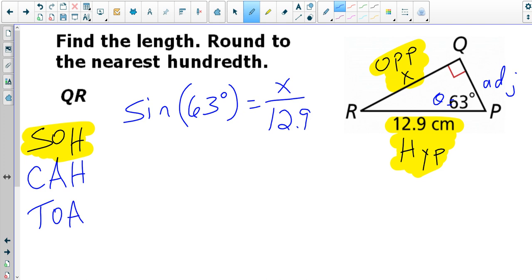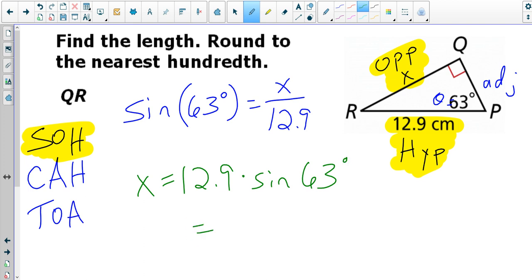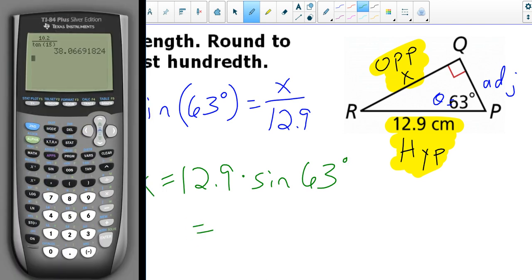X is on top, so we multiply. So x is equal to 12.9 times the sine of 63 degrees. So we're just going to grab our calculator, and I've already set it to degrees, so I don't have to do that again.